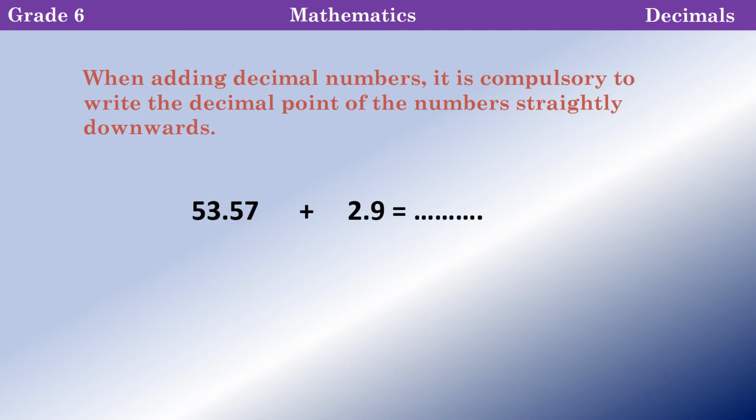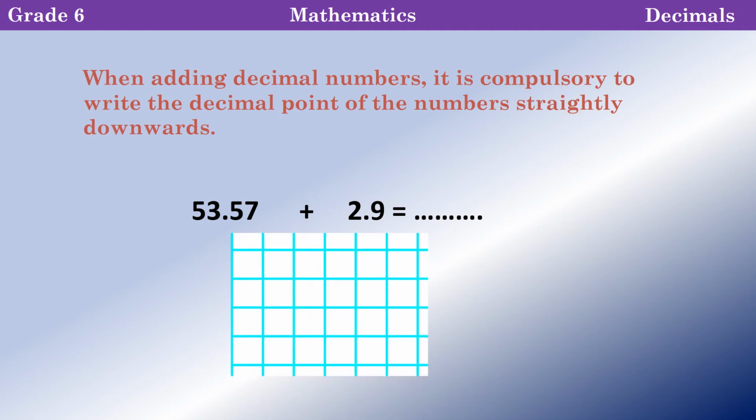Let's do an example to understand further about this. We are going to add 53.57 and 2.9. When adding these two decimal numbers, we can write 53.57 and 2.9 in this way.